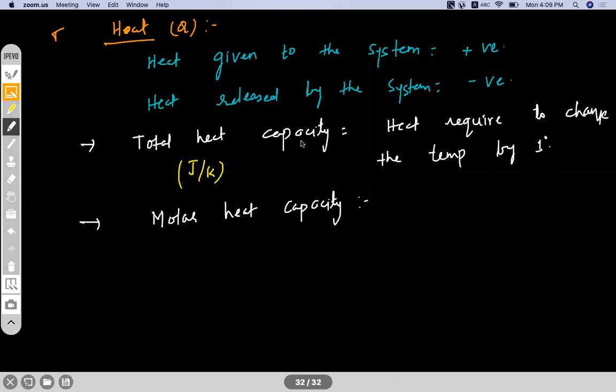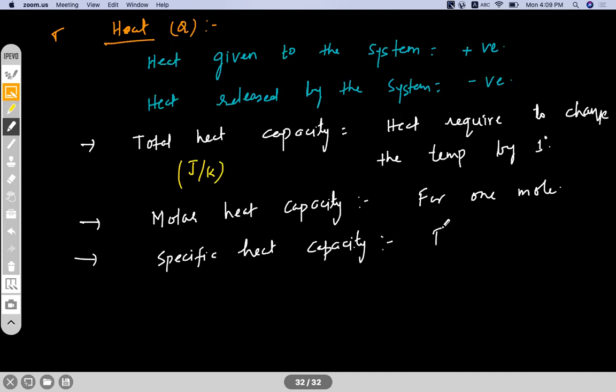Joule per Kelvin is the total heat capacity. Molar heat capacity, as we discussed last class, is for 1 mole. One more term we have here is specific heat capacity. Molar is defined for 1 mole, specific is defined for 1 gram.